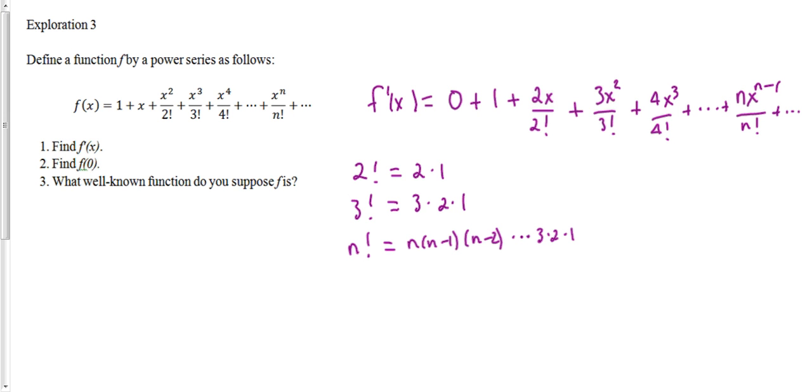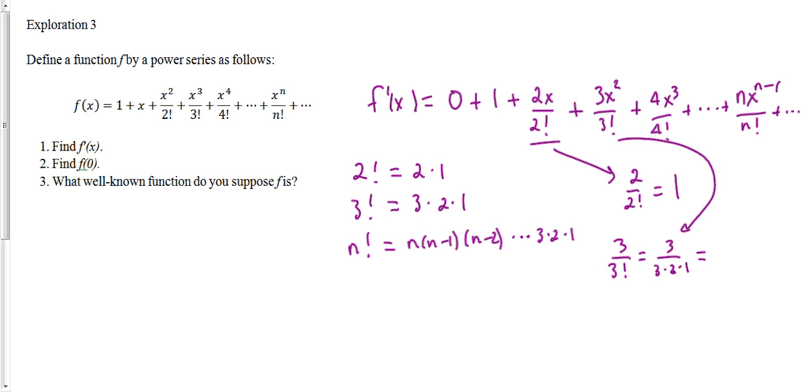So really I can do a little bit of canceling here because, for instance, with this term, 2 over 2 factorial is going to be equal to what? Well, 1. 3 over 3 factorial is going to be 3 over 3 times 2 times 1, which is going to be equal to a half.